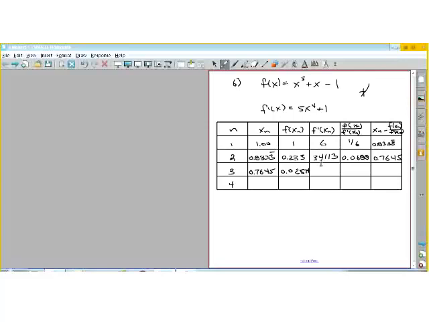And the derivative: 5 times 0.7645 to the 4th power plus 1. I get 2.7080.